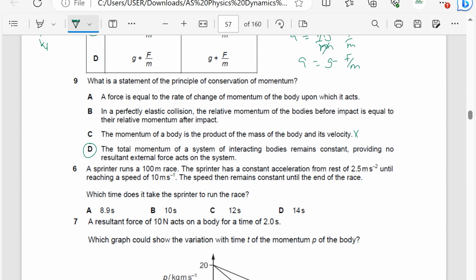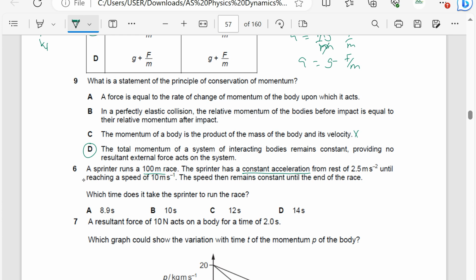A sprinter runs a 100-meter race. The sprinter has a constant acceleration from rest. When we see constant acceleration, equations of motion can apply. The speed then remains constant until the end of the race.